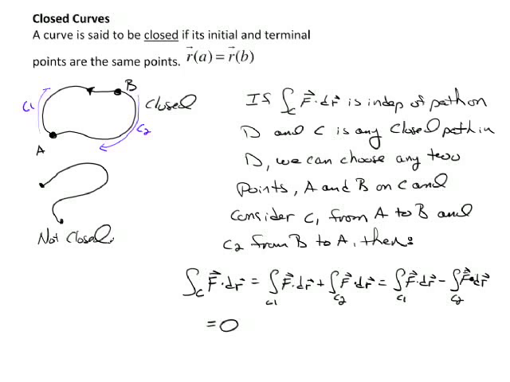Again, because the orientation is opposite in direction, this is going to be the negative of C1. So once again, I'm going to end up with 0. When you break these down one by one and look at it, thinking in terms of orientation on the curve from these two points, you'll see that it makes sense because this is a closed path.